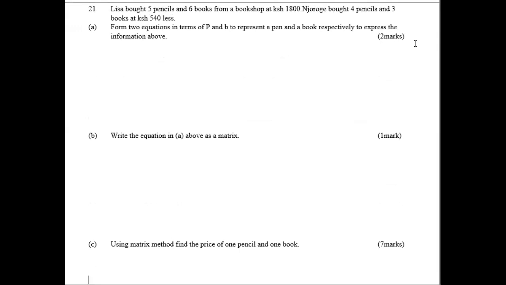If I multiply that by the original matrix, 5, 4, 6, 3, and I multiply that by P B, then I should get -1 over 9 into bracket, the inverse, multiplied by the answer. Why are we doing this? Because we already learned that a matrix times its inverse gives us identity matrix.